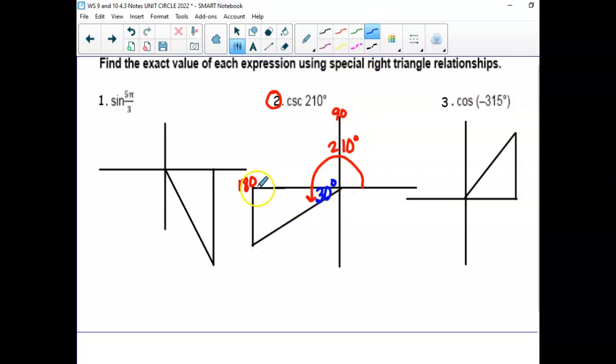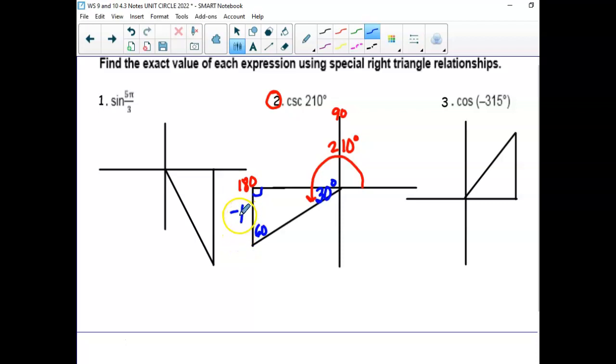Now when you draw your little bow tie triangle here, we need to put numbers on it, and you're not given anything. But you do know some numbers for a 30-60-90. Could we say this short leg is 1? But it would be going down, so it'd be negative.